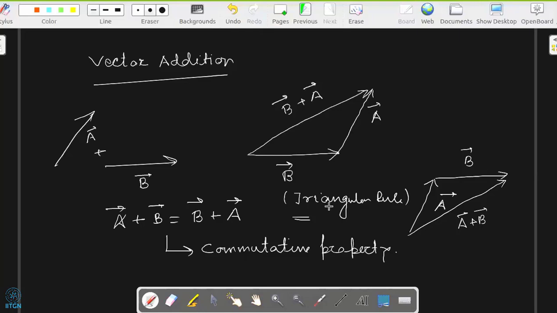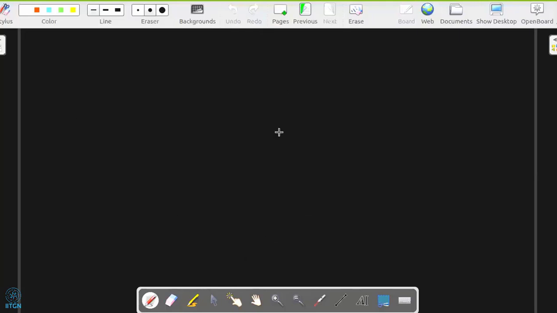Then only can we say that it is a vector quantity. I hope you all know this. Then there are some properties of vector addition. Consider three vectors, vector A, vector B, vector C. The first property we have seen is that vector A plus vector B is equal to vector B plus vector A. This is known as the commutative property.